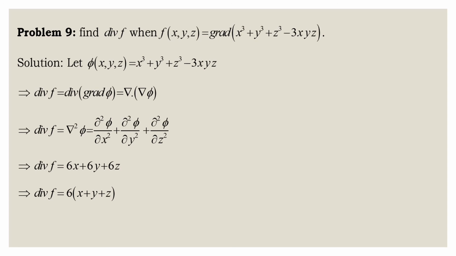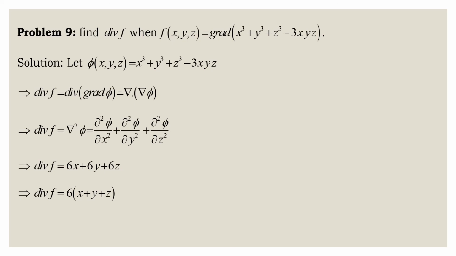If we write down del phi now, del phi equals i cap dou phi by dou x plus j cap dou phi by dou y plus k cap dou phi by dou z, which in turn equals i cap times (3x square minus 3yz) plus j cap times (3y square minus 3xz) plus k cap times (3z square minus 3xy).